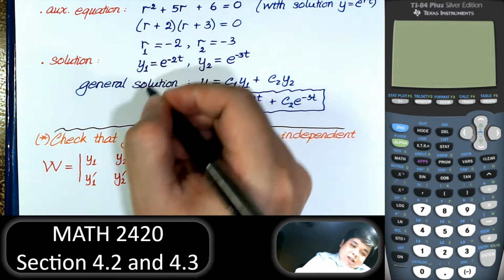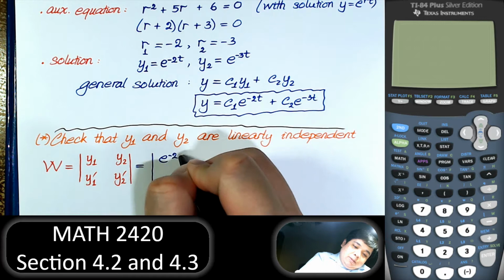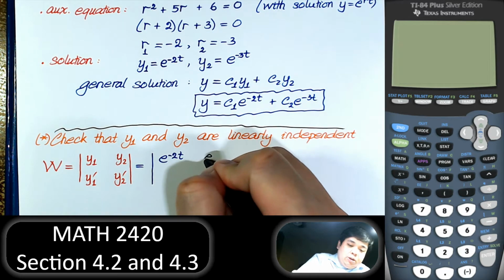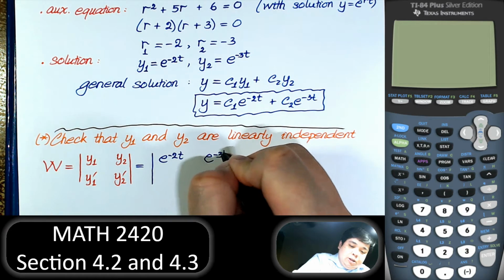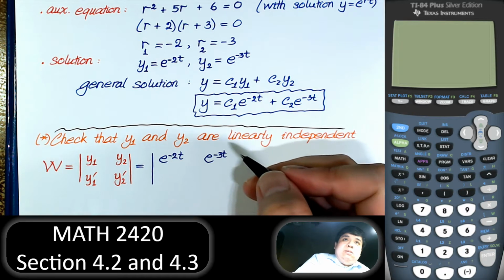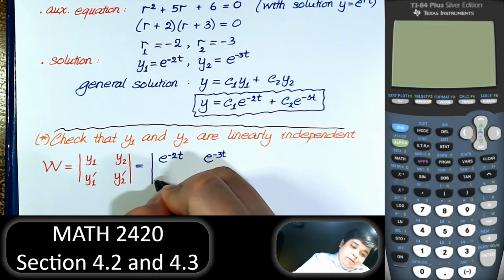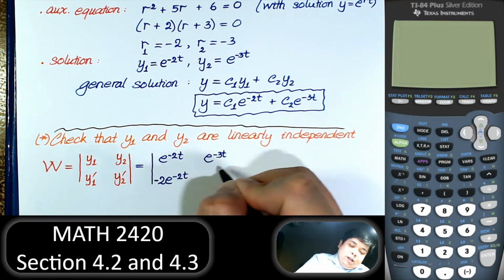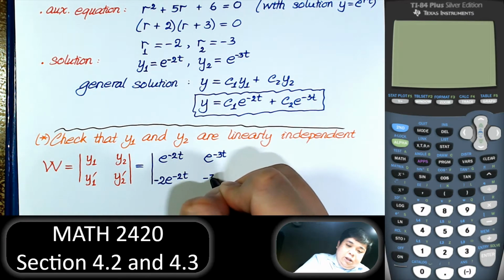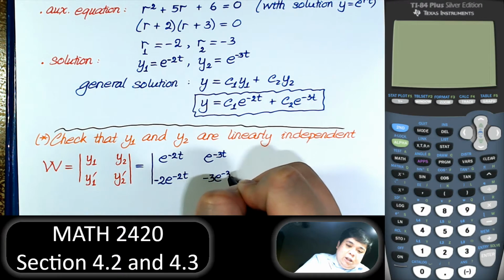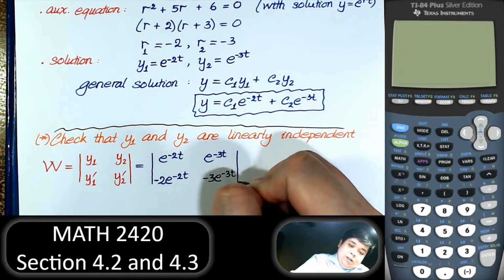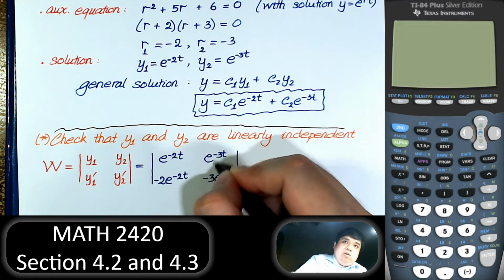y1 is that, y2 is that, and the derivatives are negative 2 e to negative 2t and negative 3 e to negative 3t. Yeah, just take the derivative of that.